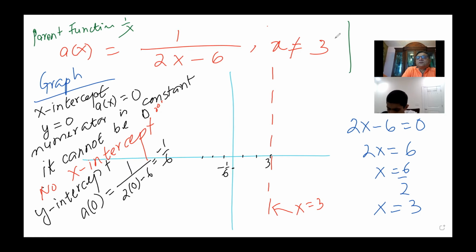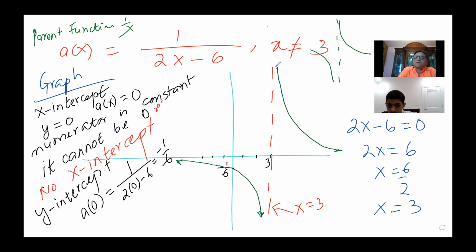I should not draw a vertical line, that will confuse you, but the graph is kind of like this. Like 1 over x. So we have a good idea that our graph is going to be like this. So that is the approximate graph.